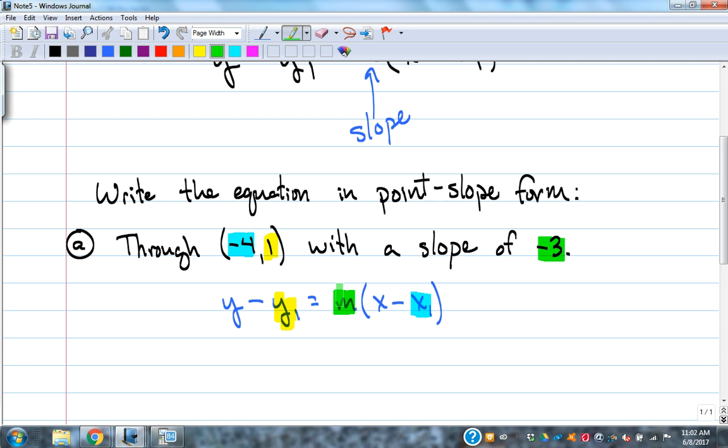Okay, that makes some sense where things are going to go. We're just going to plug them in there and then simplify a little if possible. Okay, so y minus 1 equals -3, and then x minus -4.